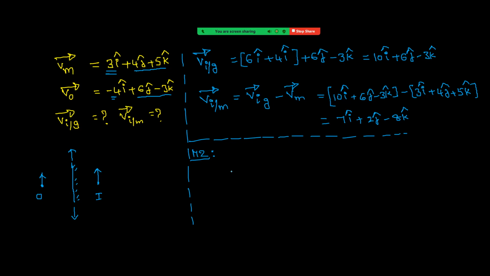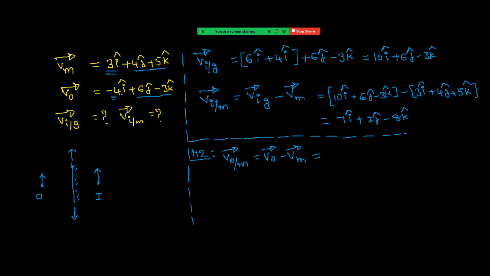Okay. Now see carefully. First I will calculate velocity of object with respect to mirror. Velocity of object minus velocity of mirror. See values.